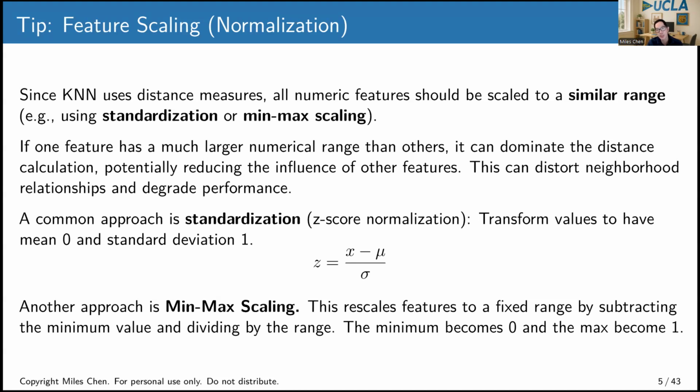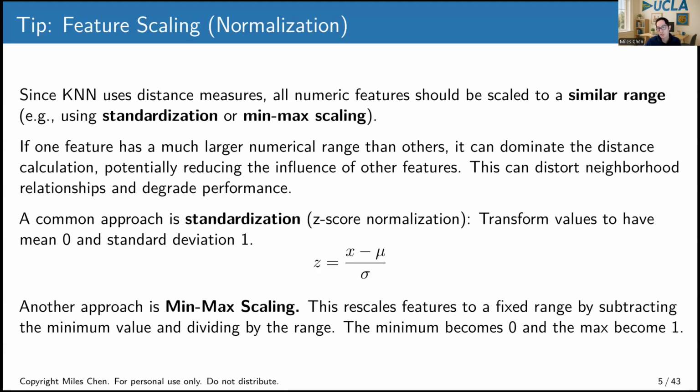Versus age, where the youngest person in your data set might be 18 and the oldest 100, a distance difference of only 82. Because you're using distance metrics, that distance of $170,000 is going to be much, much greater. That's going to distort the relationships and ultimately degrade prediction performance.